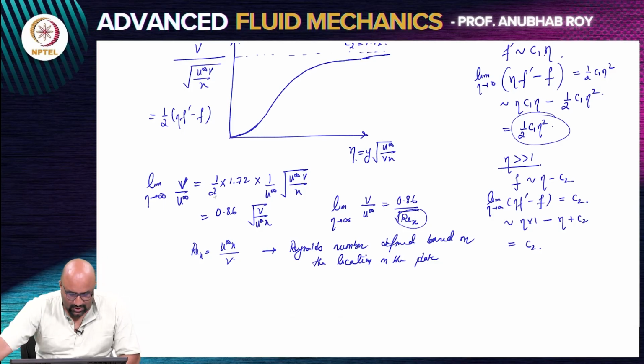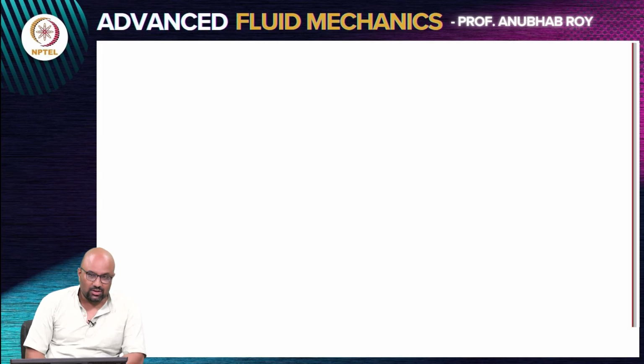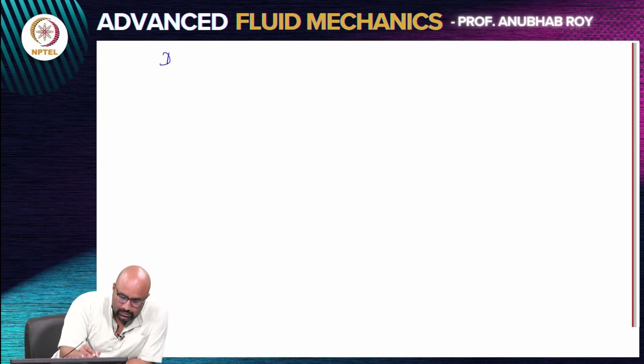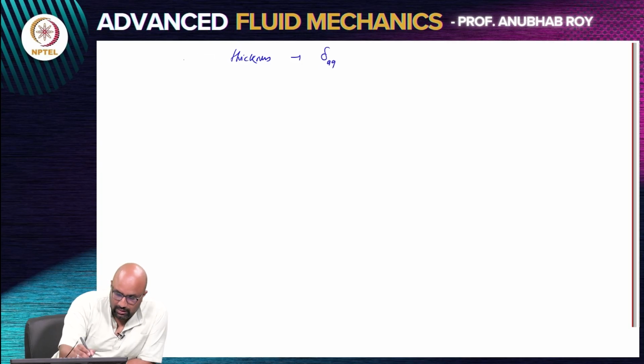Now, this was regarding our velocity fields within the boundary layer. Now, we have also learned different ways of finding the thickness of the boundary layer. So, we know the 99% thickness, delta 99, then we know the displacement thickness, we know the momentum thickness.